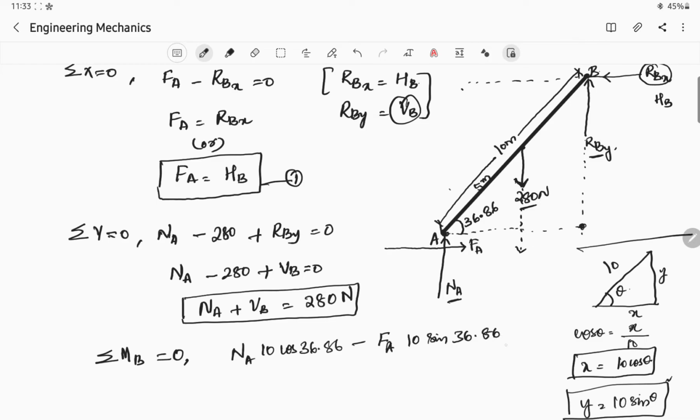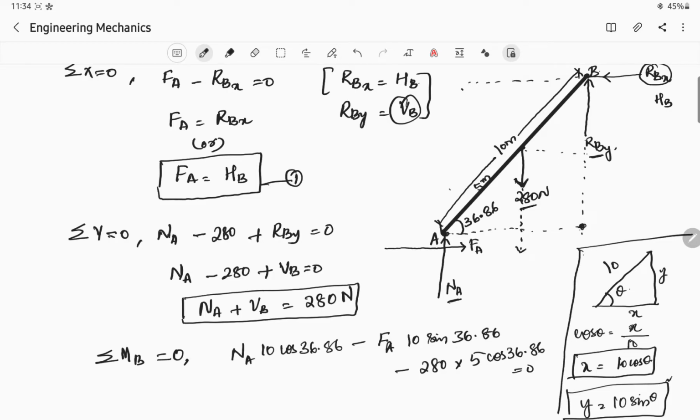Then we have point load, which is going in again anti-clockwise direction, so minus 280 into 5 cos 36.86 degrees is equal to 0. 280 is going in a downward direction, so the horizontal distance will be 5 cos 36.86 degrees.